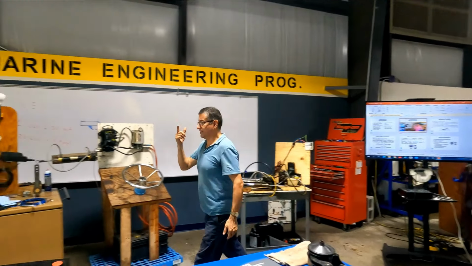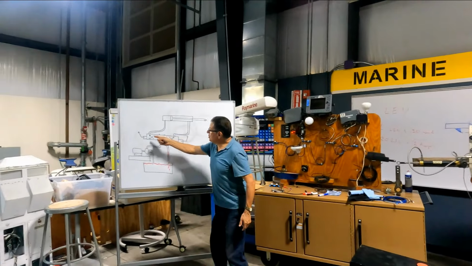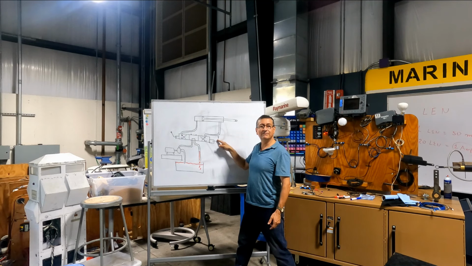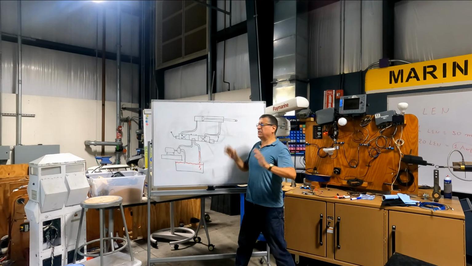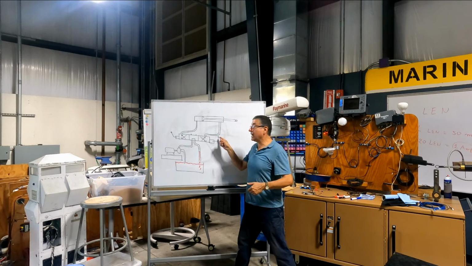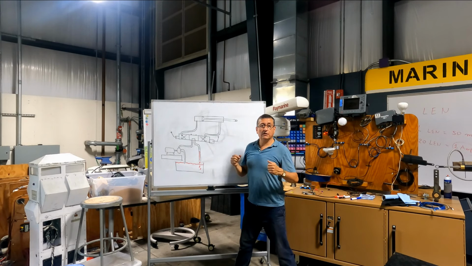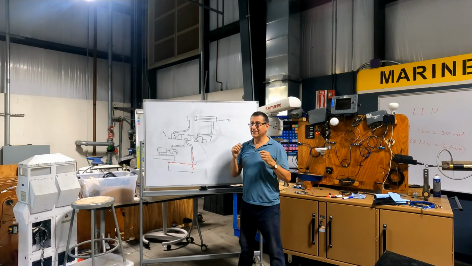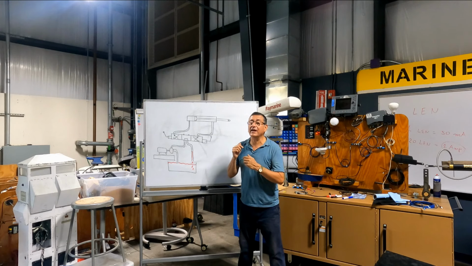I can change the position of these boxes with my hand, with this handle. No, Mr. Lopez, I don't like the handle. No, my friend, I recommend the handle and the solenoid. What is the function of the solenoid? Convert electrical signal into mechanical movement.